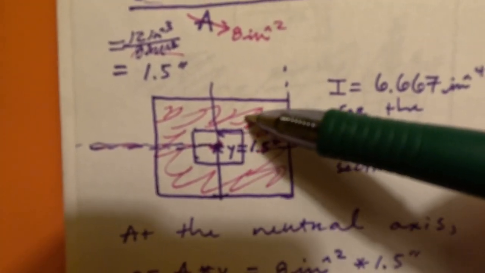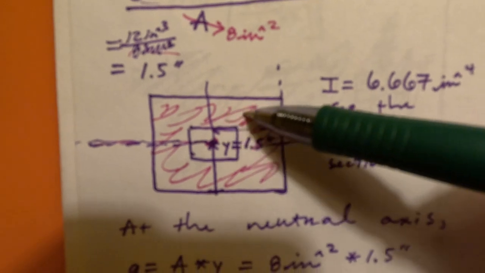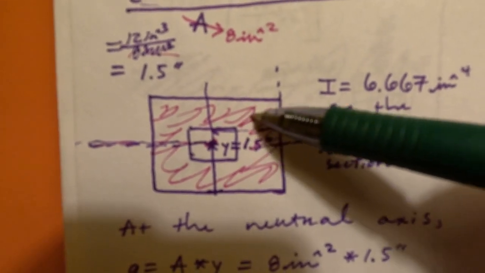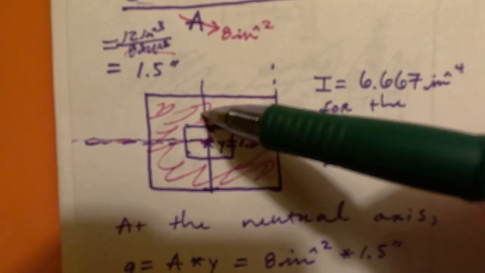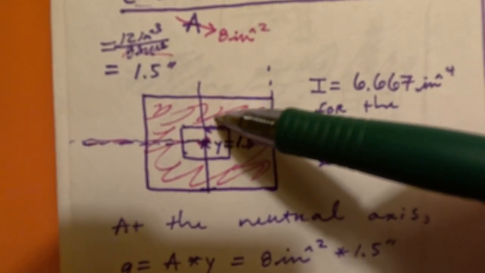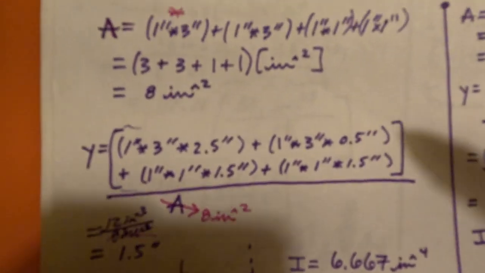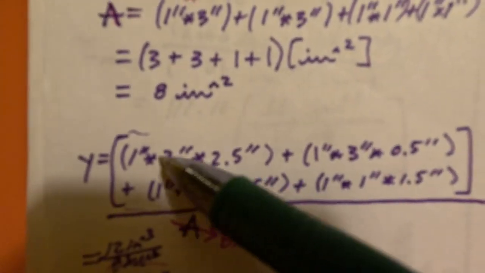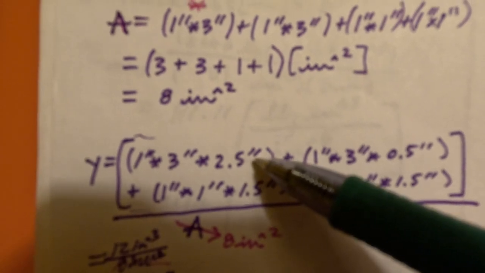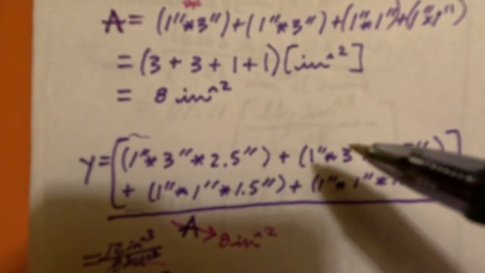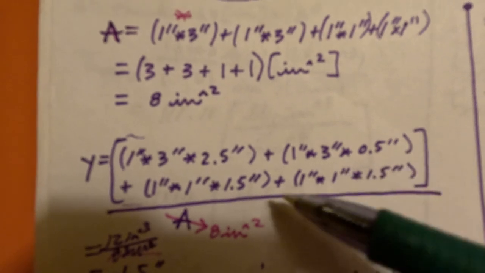So this would be 1 inch, 2 inches and a half. So at this y portion it is 2.5 inches, the centroid of this top area as far as the y component is concerned. We multiply that area times the y component where the centroid would be for that part of the area, and then we do that for each of the sections.